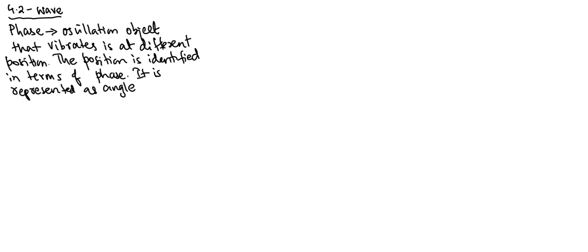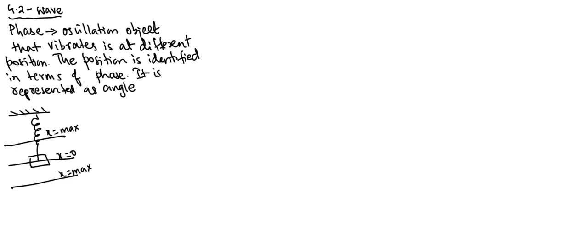So let us recall a bit from the simple harmonic motion we saw. If you can recall the spring, we saw three different positions here: displacement 0, displacement max, and then again displacement max.